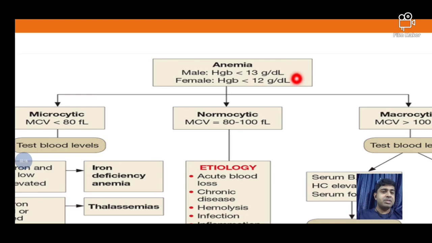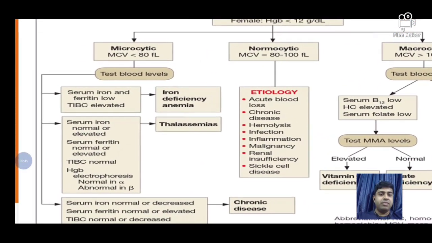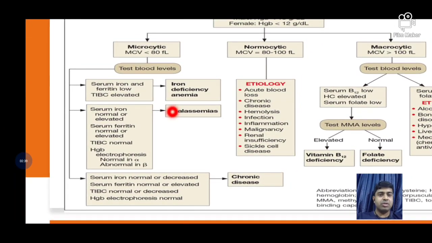Definition wise, the number below which we call it anemia differs from country to country, region to region, but in males, if hemoglobin is less than 13 and females less than 12, we call it anemia.